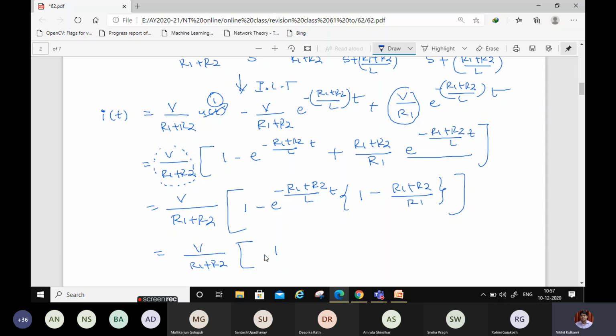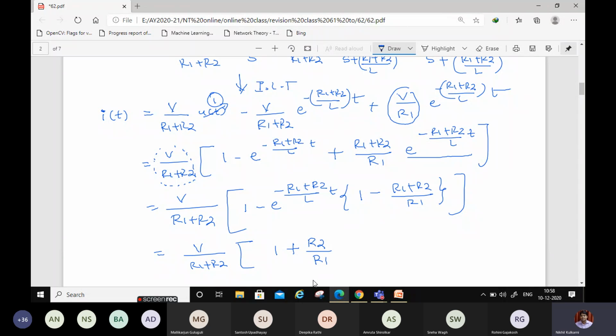Now how can I write this? Can I write like this? Check this: 1 plus, if you take the logarithmic concepts, can I write like this?